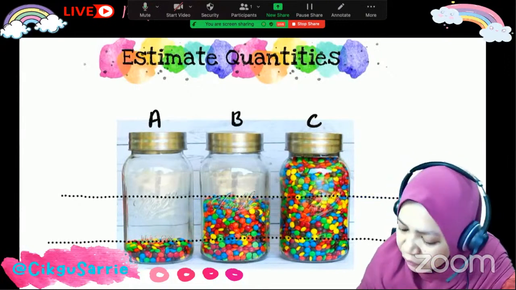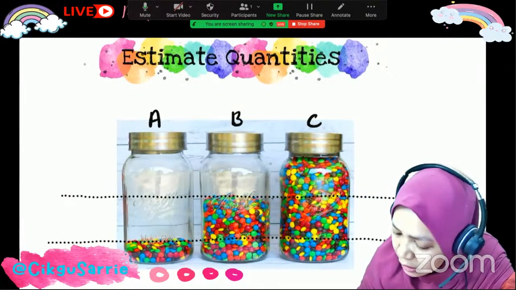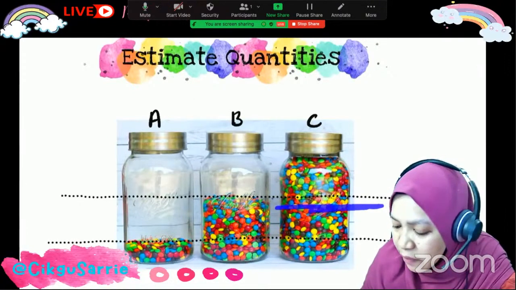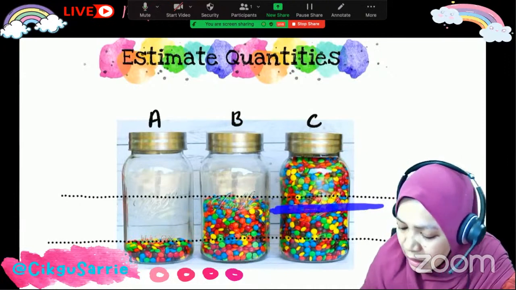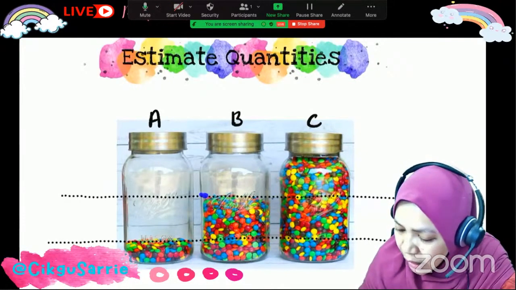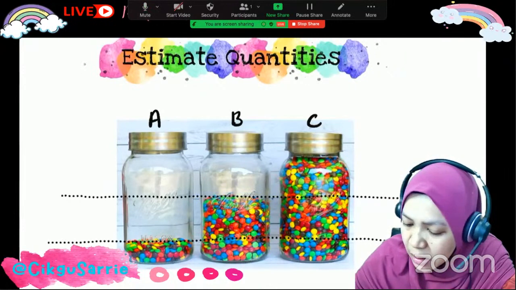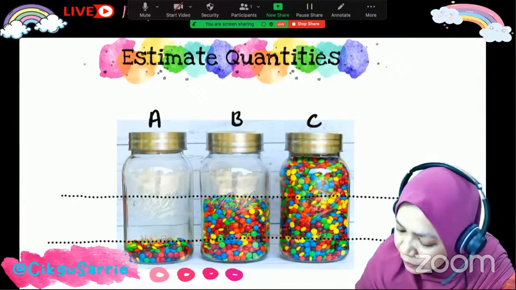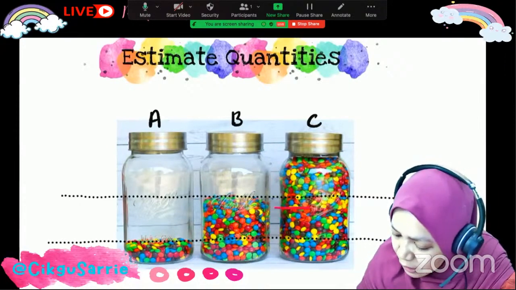If we draw clearly here, this is half. Here is the half of the bottle. And for B, we have extra from this one. This one is half.